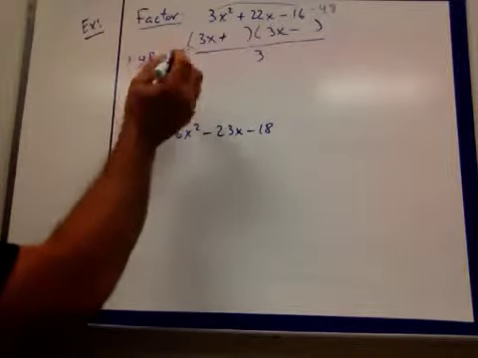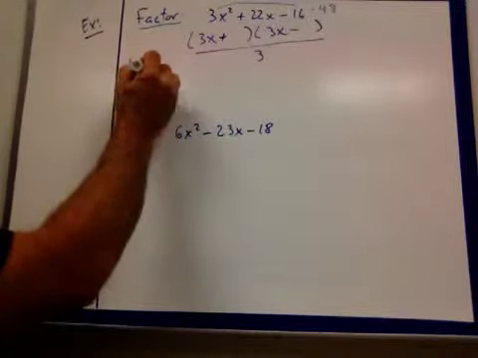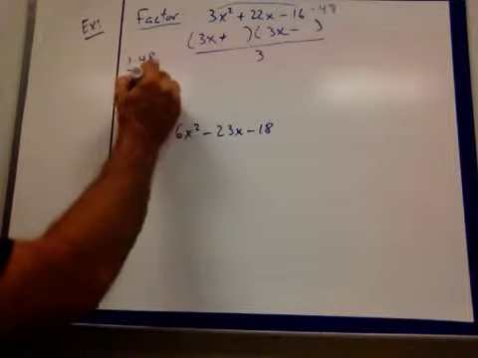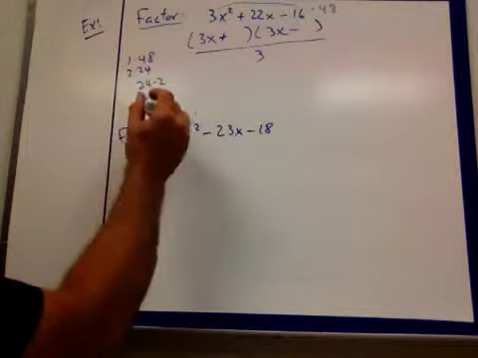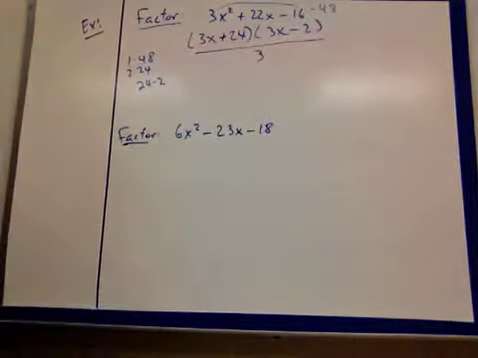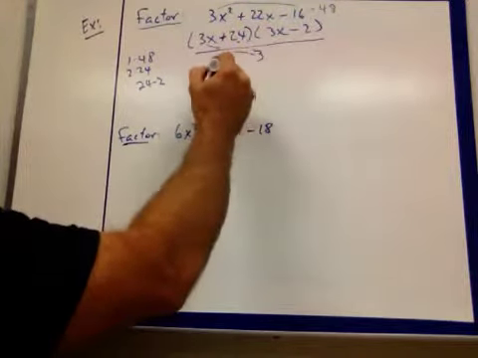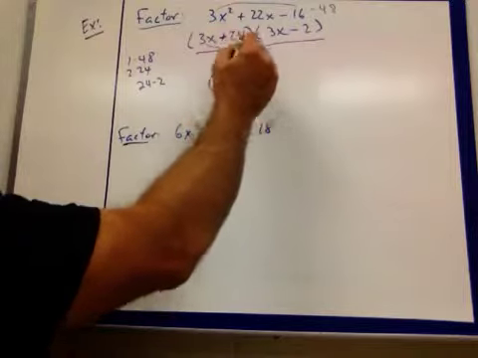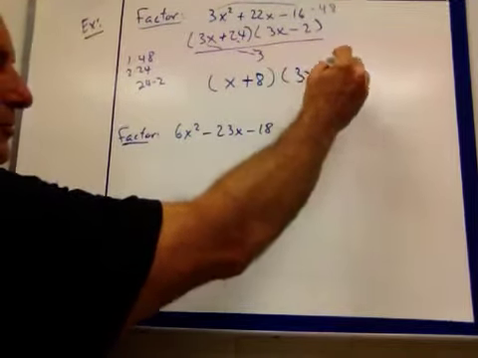Well, 1 times 48, I can't subtract that and get 22. 2 times 24, hey, 24 minus 2 gives me positive 22, so that's what I want. I put my 24 with the plus, I put my 2 with the minus, and then the last step, 3 goes into 3, 3 goes into 24, 1's there, 8 there, and then 3x minus 2.